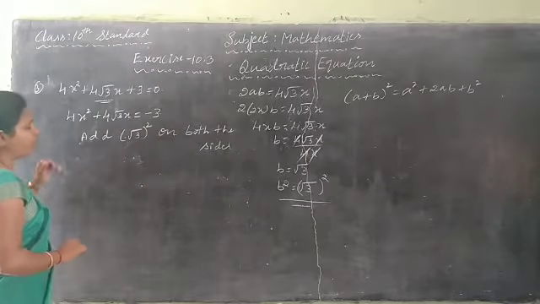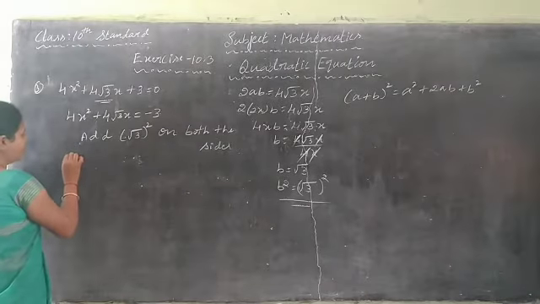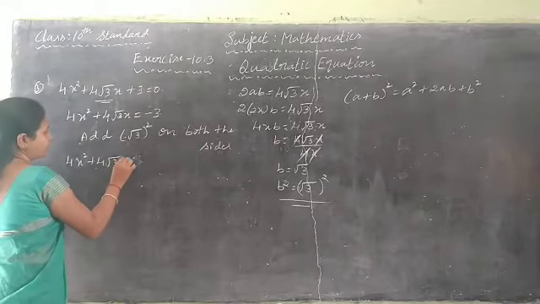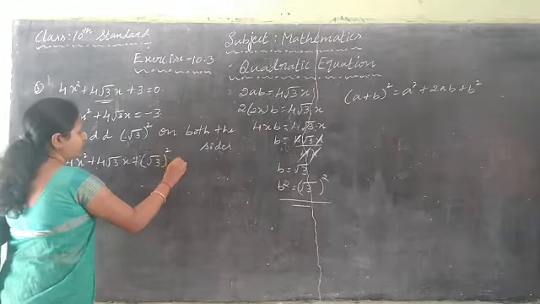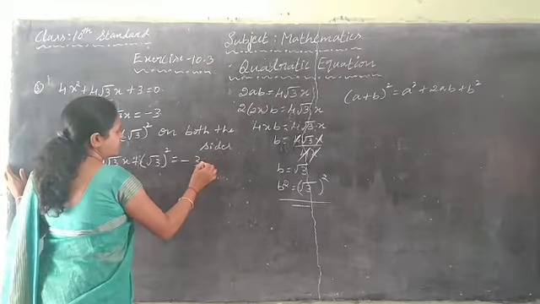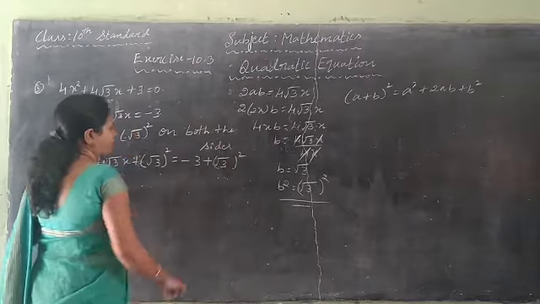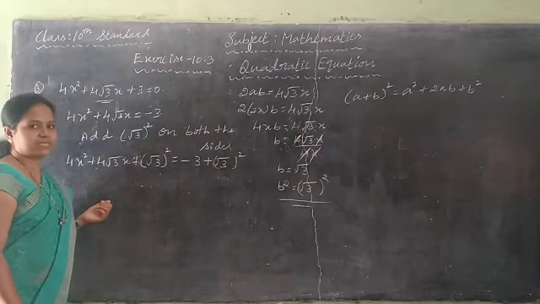Before that, 4x square plus 4 root 3x plus root 3 whole square equals minus 3 plus root 3 whole square. Understood? We have to add root 3 whole square on both the sides.